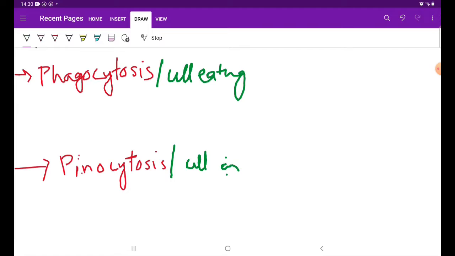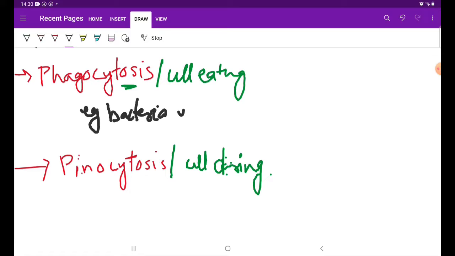In phagocytosis, you can take an example like bacteria entry in the neutrophil.